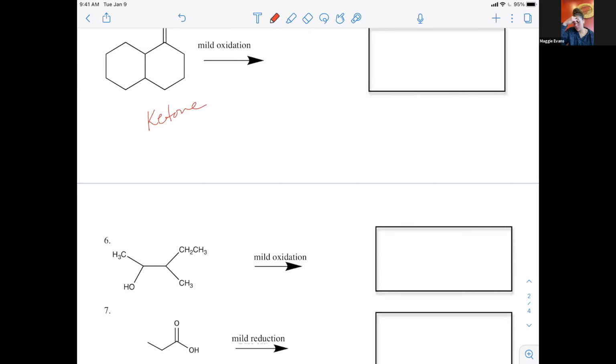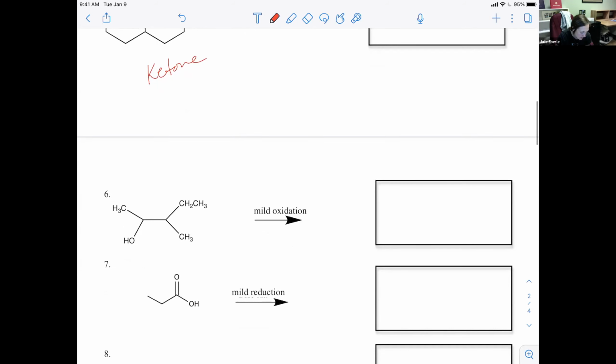I'm not even sure how to work 6. Okay, what kind of functional group do you have in your reactant on 6? Alcohol.